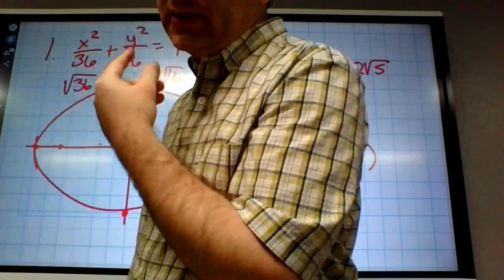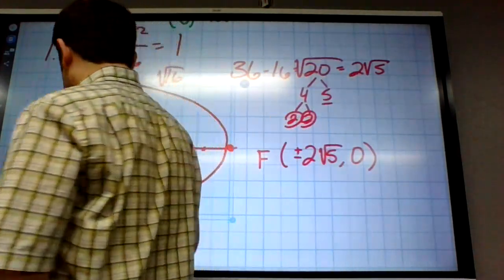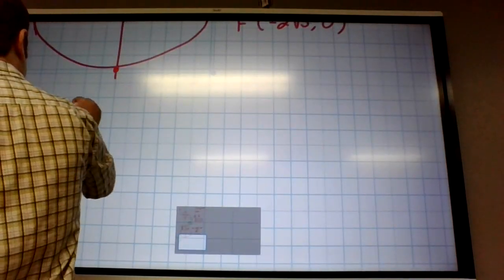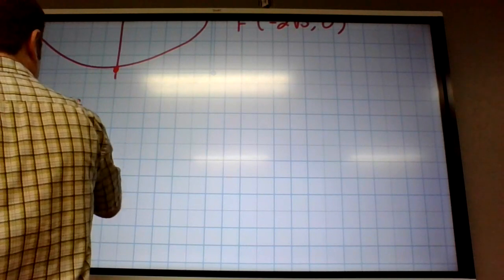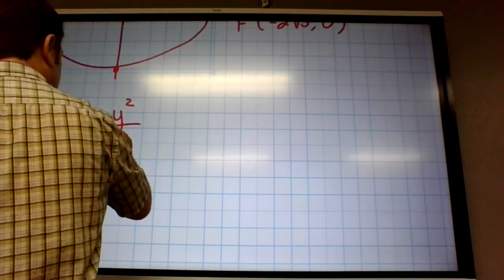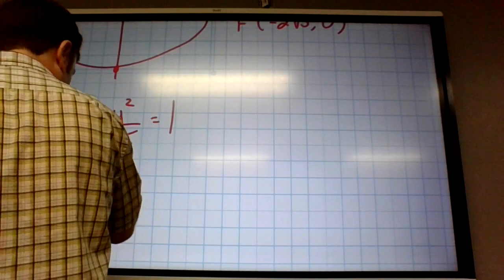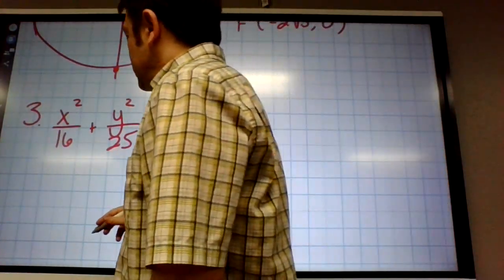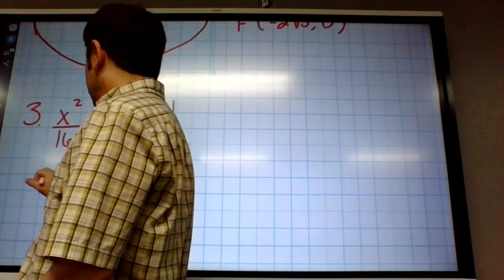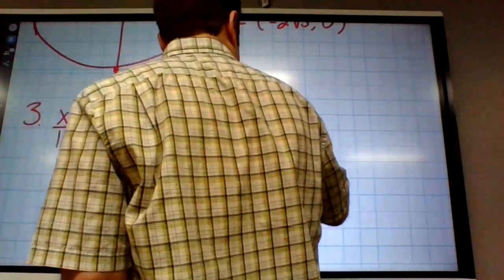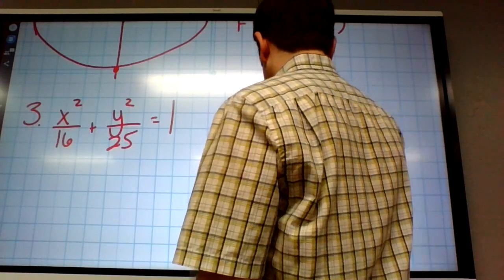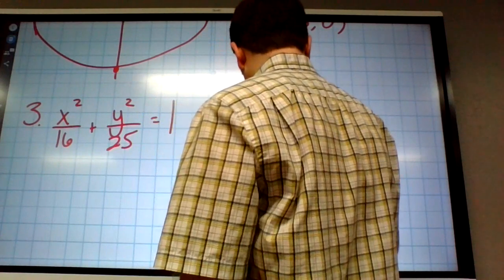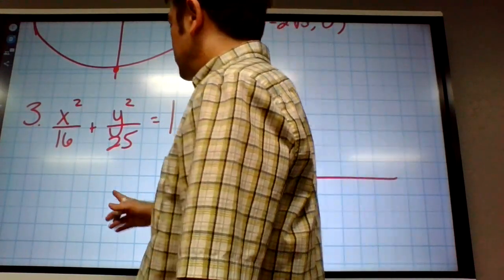Okay, number 3, x squared over 16 plus y squared over 25. Let's see, 1, 2, 3, 4.